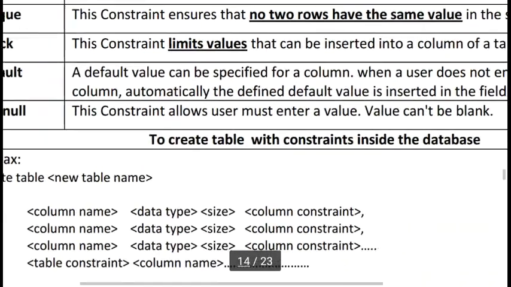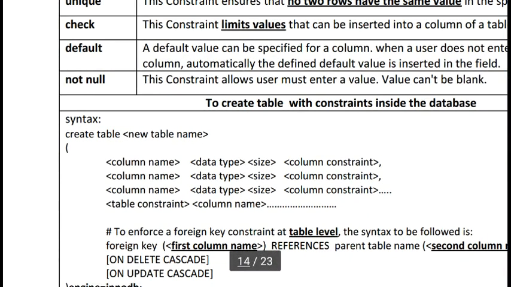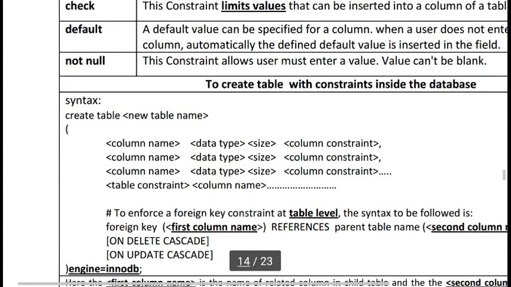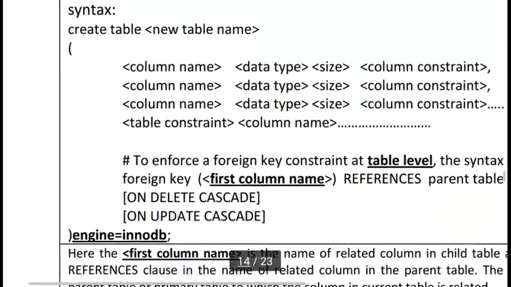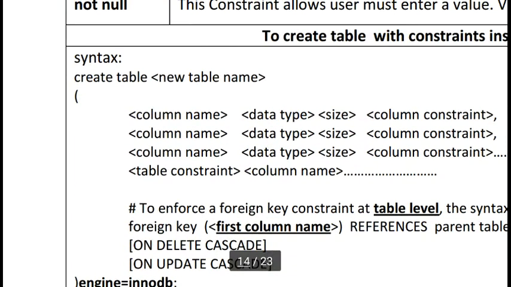Suppose I have already created a database, and the database is already open, and I want to insert tables. So to create a table with constraints inside the database, you can see this command for how to create a new table. The syntax is create table, then we mention the new table name.